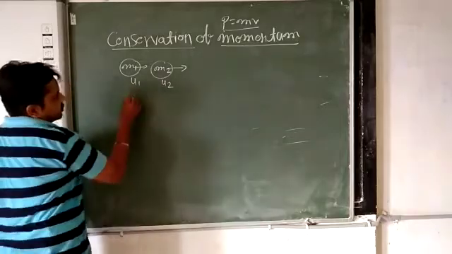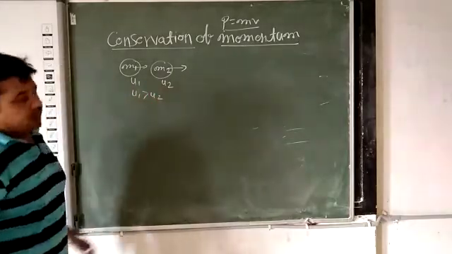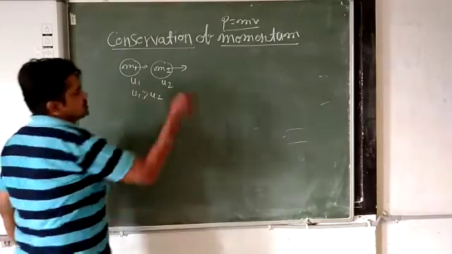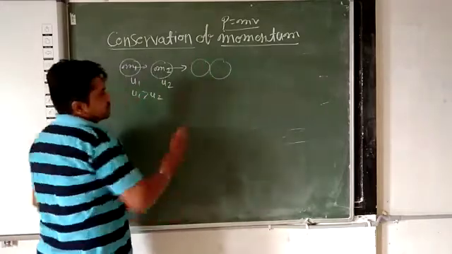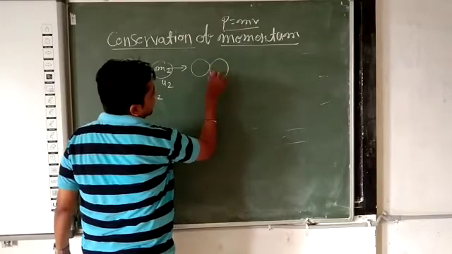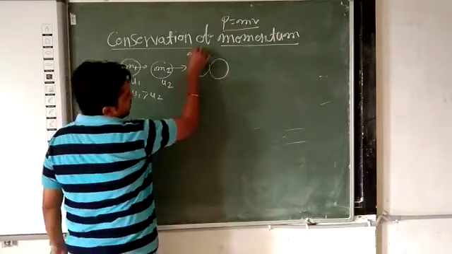If u1 is greater than u2, definitely the first object will strike the m2 mass object. So this is the striking time.